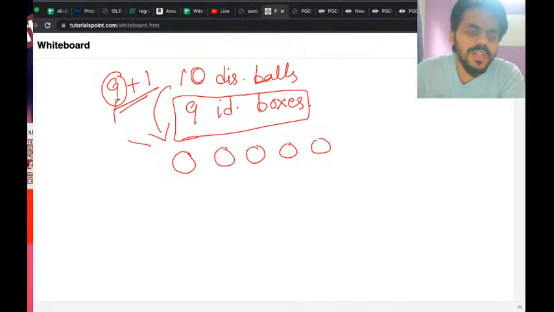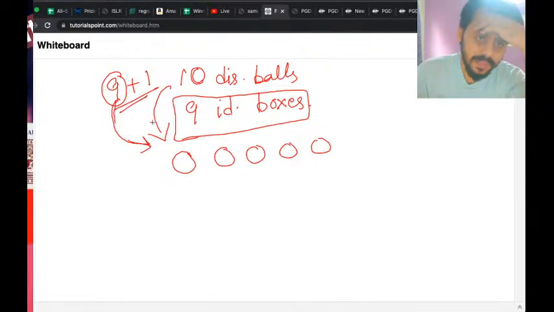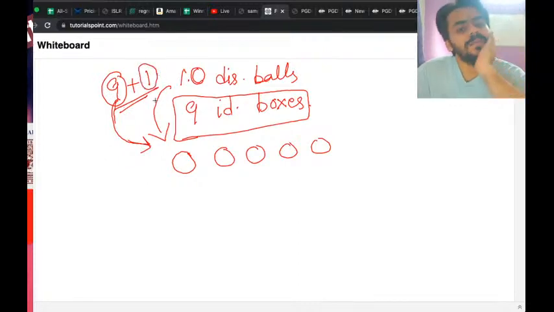But the thing here is you have to choose 9 from these 10, and then the remaining one has to be clubbed with a ball. So technically you have to choose 2 balls which have to be clubbed together, right?